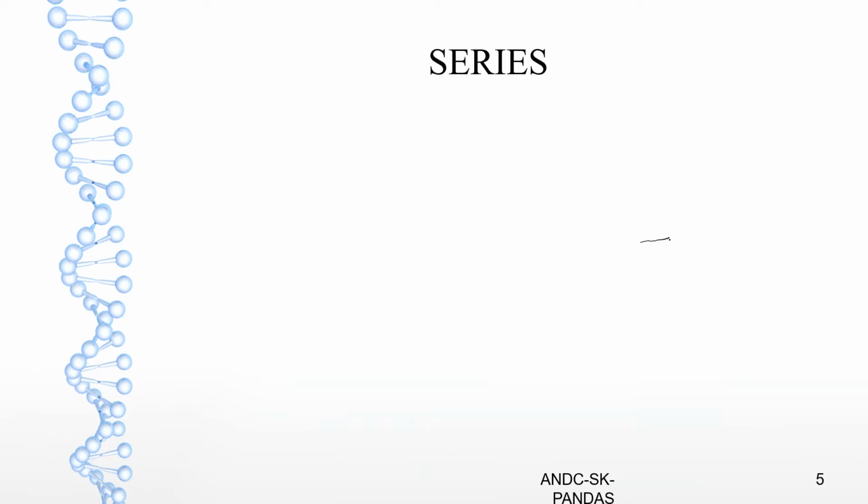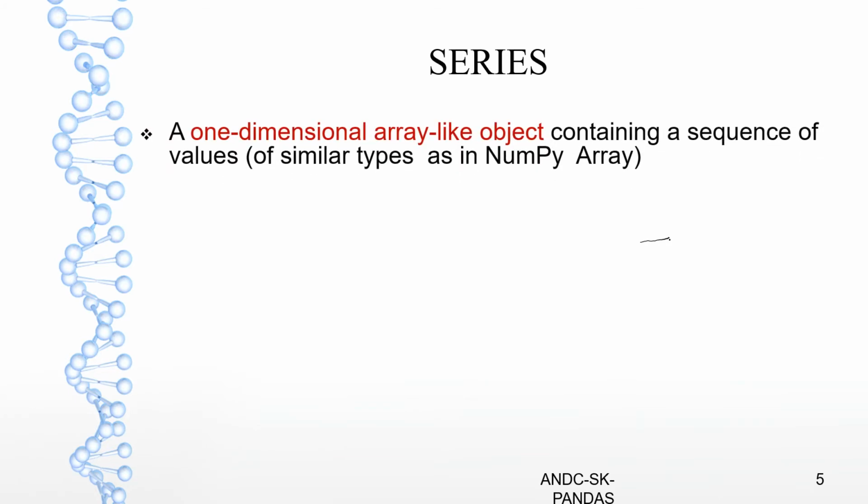So now let us take an example on series. What is a data series? How is it different from a NumPy array? A series is a one-dimensional array-like object having a sequence of values.